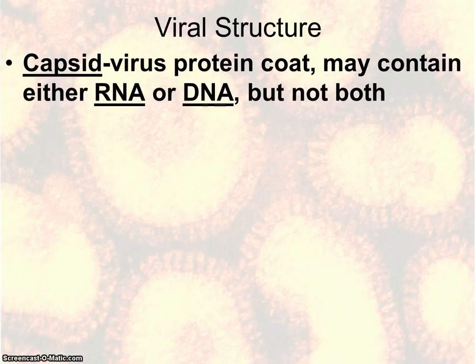Okay, so I mentioned the word capsid, that protein coat that surrounds a virus. It's like the shell of the virus. It holds all of the genetic information inside the virus. That protein coat can either hold RNA or DNA, depending on the type of virus, but it's never going to hold both. The virus is either going to hold just RNA as its genetic information, or it's going to have DNA as its genetic information.